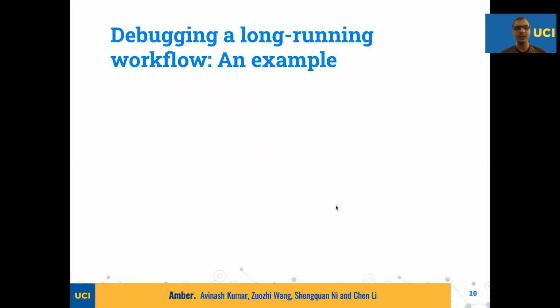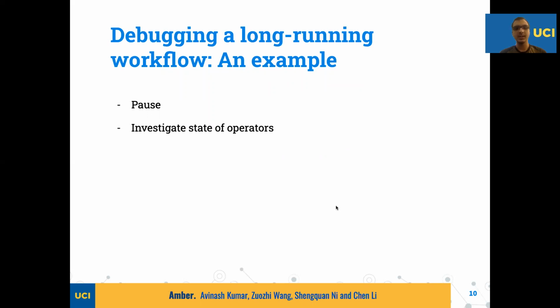Let's assume that there is a long-running workflow that one is apprehensive about and wants to check if everything is fine. Amber lets the user pause the workflow, which means that the data processing is paused. The engine is still responsive to control messages, thus the user can investigate the state of operators.